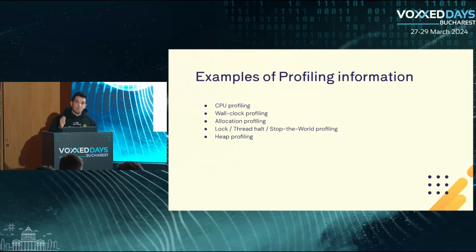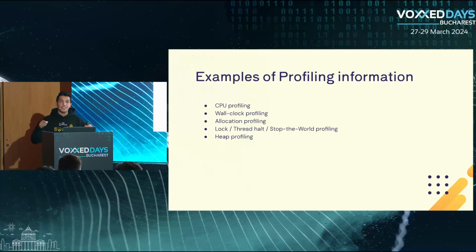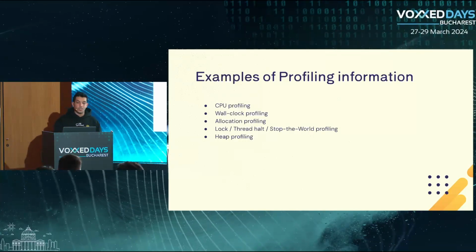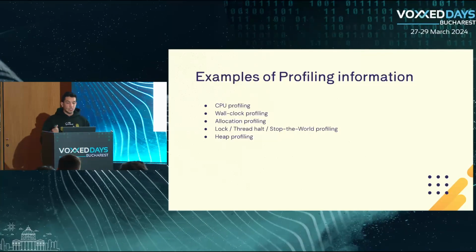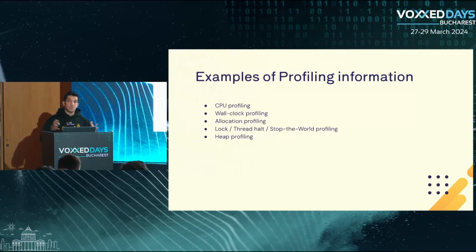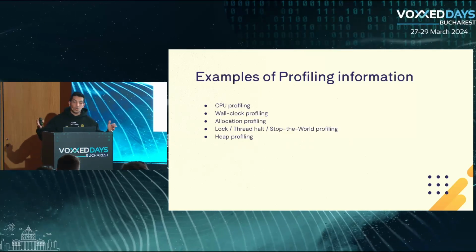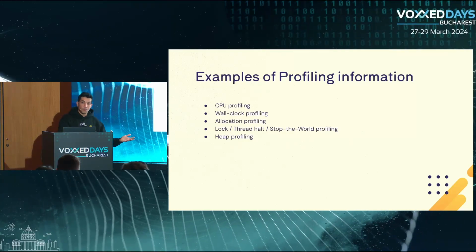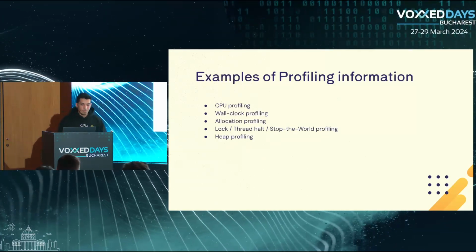What function or method is using all that CPU, and what it's using it for. Wall clock profiling is also focusing on the CPU usage, but more on the length of it, how long, why this method is taking so long. So CPU profiling is focusing on throughput, wall clock profiling is focusing on latency.